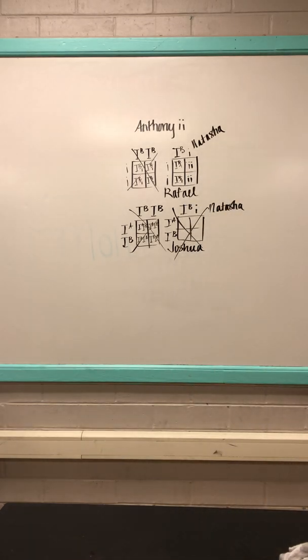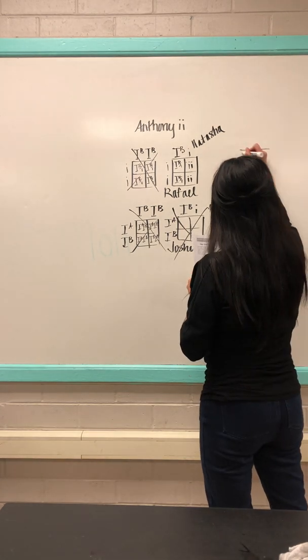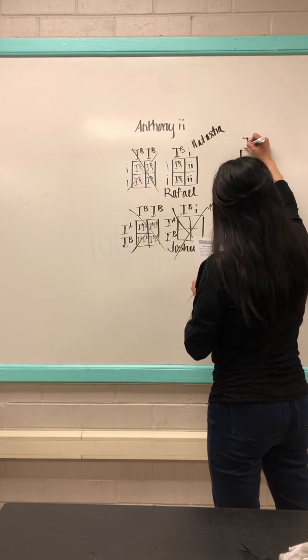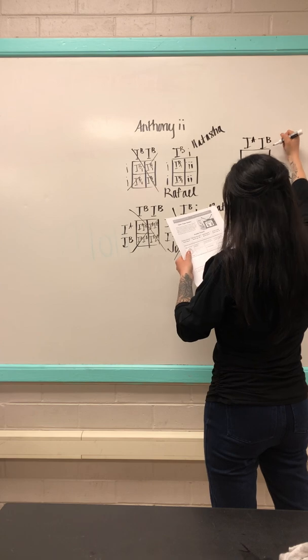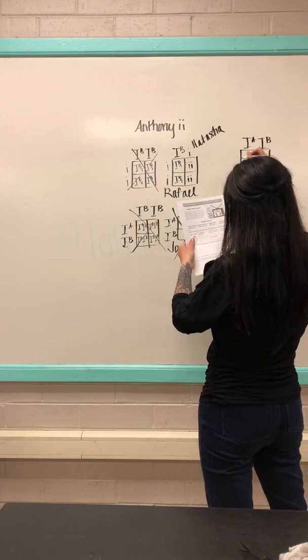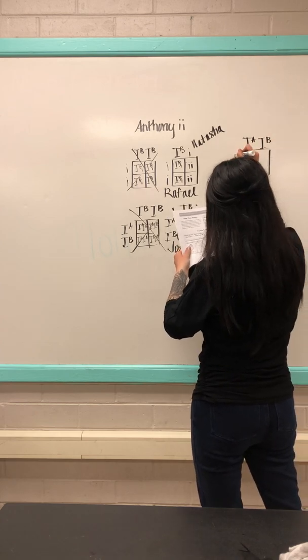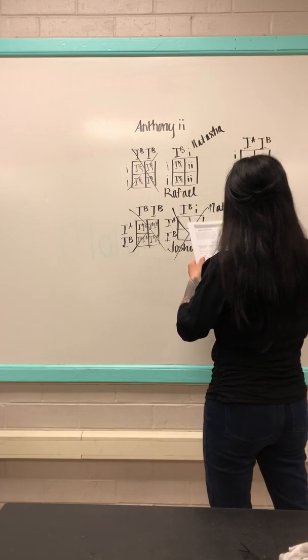Okay, it could be Natasha and Raphael, but let's look at Adrian. Okay, if she's IA IB, and then, let's see, Joshua is I. Could it be that?